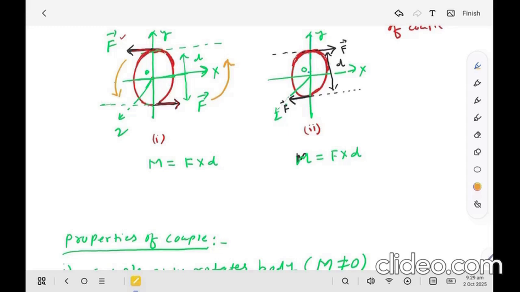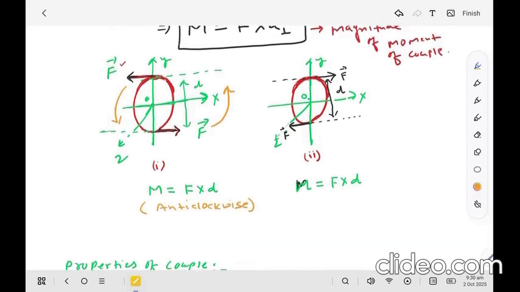If you look here, this couple will rotate the object in the anti-clockwise direction. So the direction of the moment of the couple is anti-clockwise in this case.